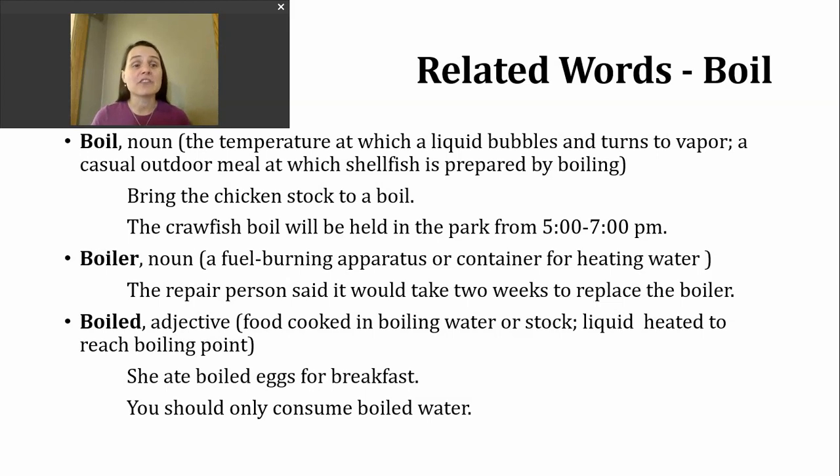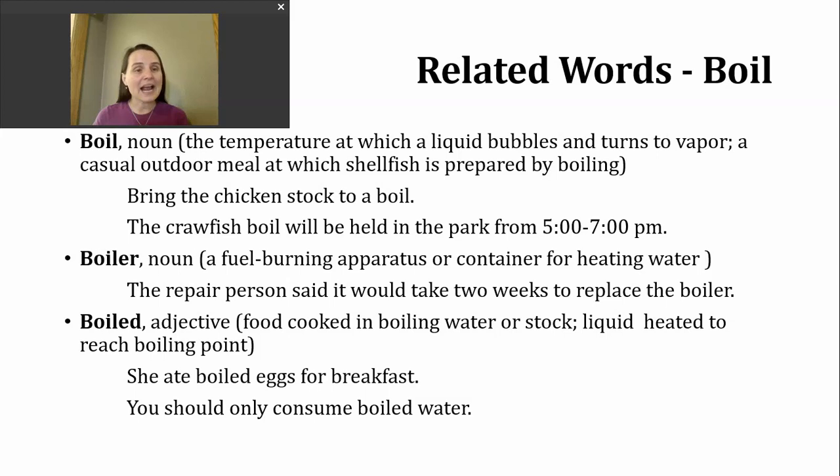The first meaning for the noun is the temperature at which a liquid bubbles and turns to vapor. So again, that idea of water being at a very high temperature, you can see bubbles forming and maybe some steam coming off the container that's on a stove. So here's an example. Bring the chicken stock to a boil.